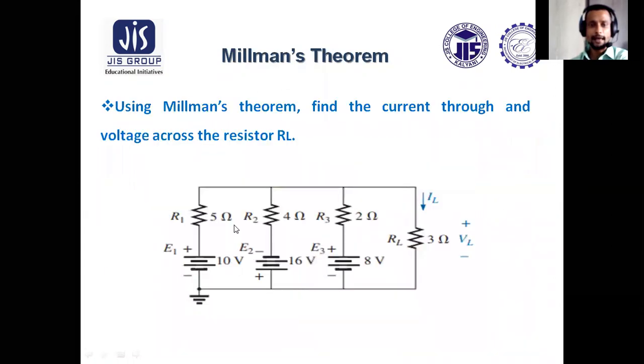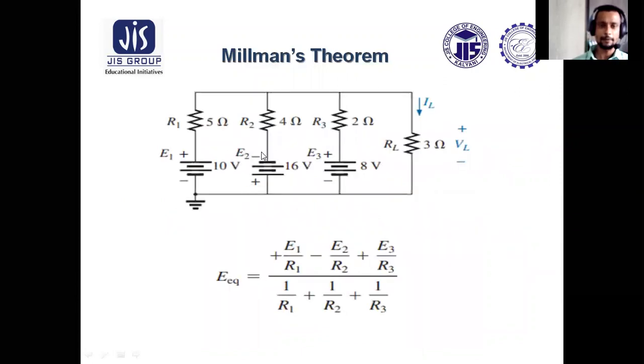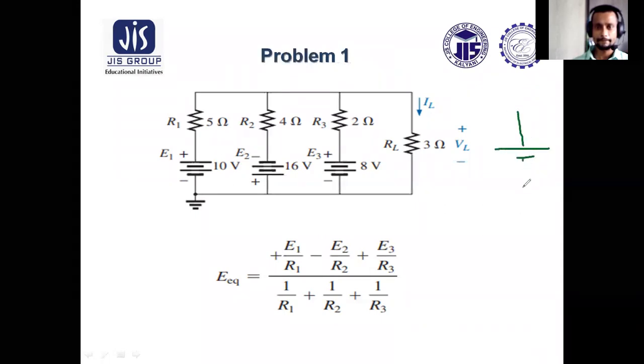But here, as E2 has a minus on the upper plate, see E1 by R1 minus E2 by R2. You can convert E2 like this, so it would be minus of E2.